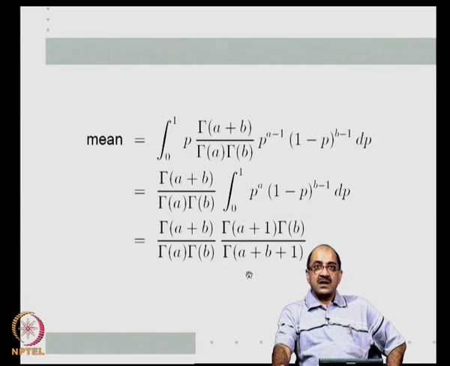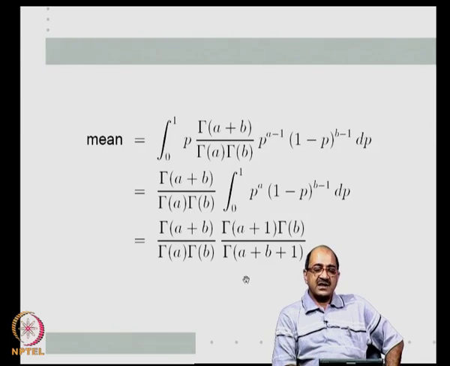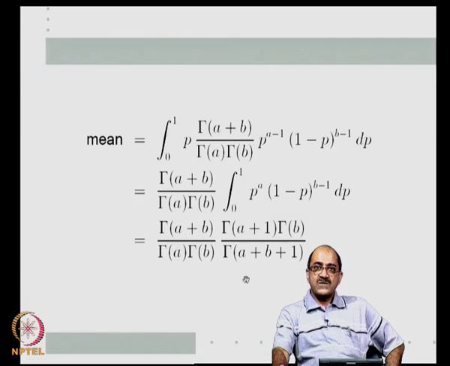Now, I suppose all of you know the standard property of the gamma function, which can be obtained by integrating by parts the gamma function. That is, for any x, gamma of x plus 1 is x gamma x. So, gamma of a plus 1 is a gamma a, and gamma of a plus b plus 1 is a plus b gamma a plus b, right.